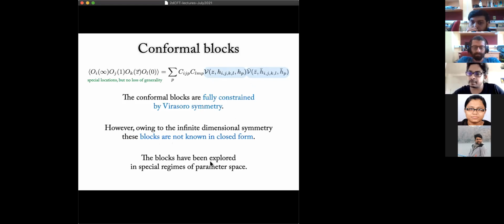However, they have been explored in various regimes of parameter space. These blocks are functions of the operator locations, the external operator conformal dimensions, and the conformal dimension of the intermediate primary operator being exchanged. It also depends on the central charge.